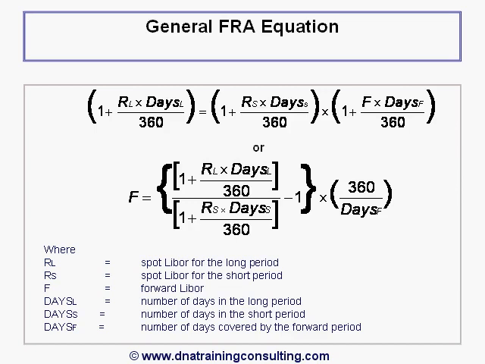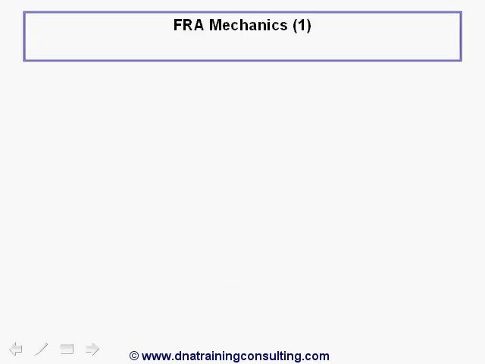Of course, you probably understand that you would need to use 365 in the appropriate places if the currency is one whose money market calculations are based on actual 365, such as sterling or many emerging market currencies.